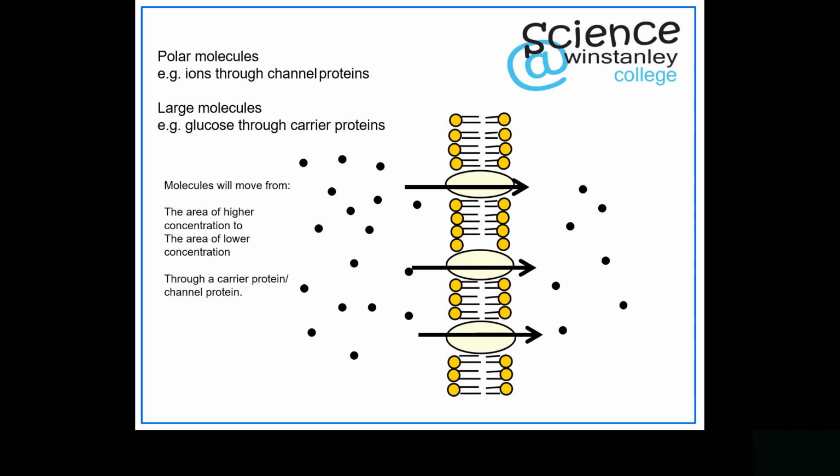The phospholipids create a barrier against polar molecules. They only allow non-polar molecules through. So any kind of sodium ion, things like that, potassium ion, they cannot pass through because they are a charged polar molecule. They have to go through a channel protein to be allowed to pass through.